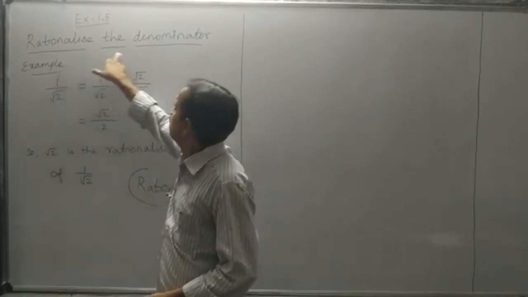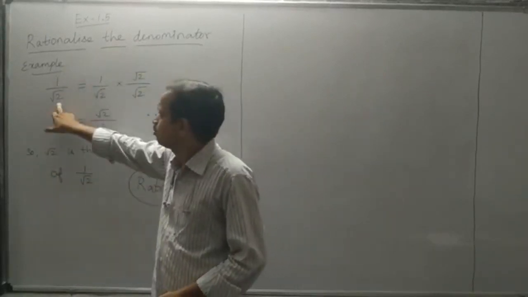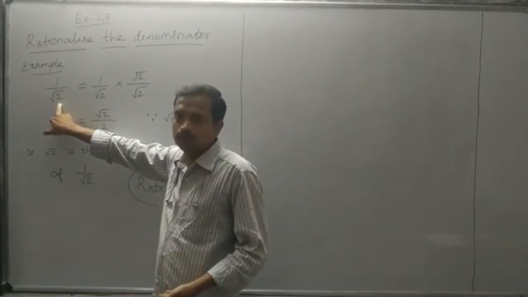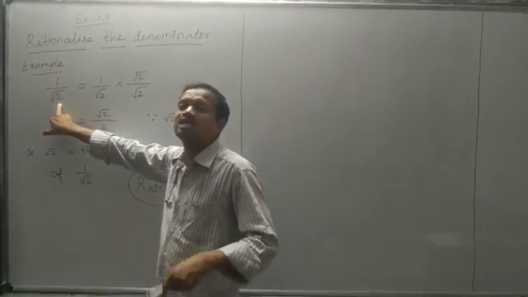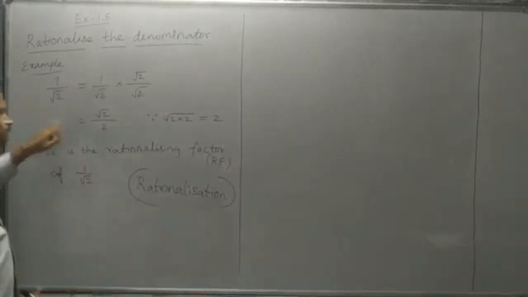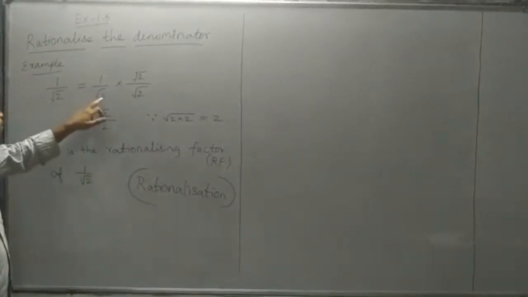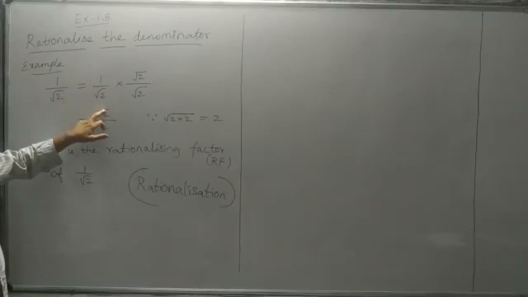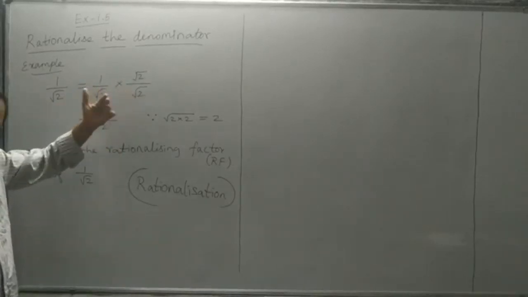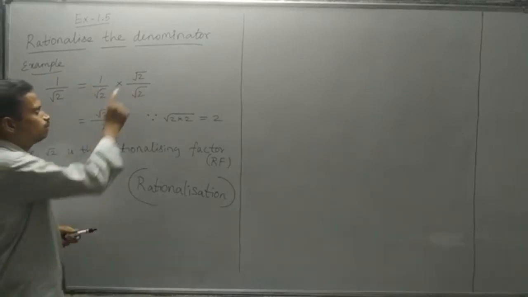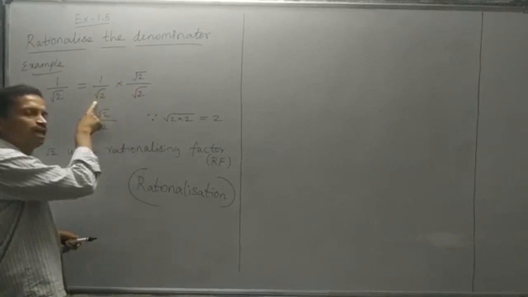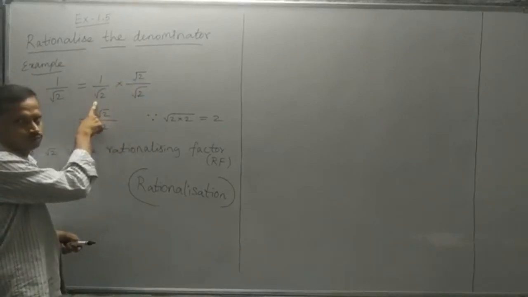So rationalize the denominator means you have to convert the irrational form in the denominator to rational form. You see how I am doing this? I multiply root 2 on both numerator and denominator of the given number 1 by root 2.